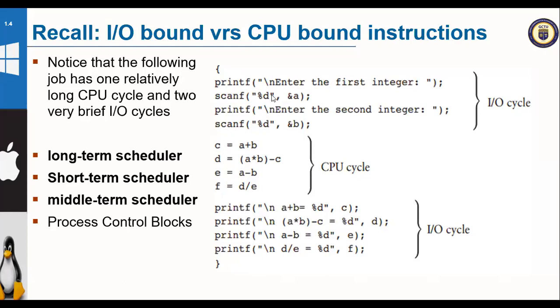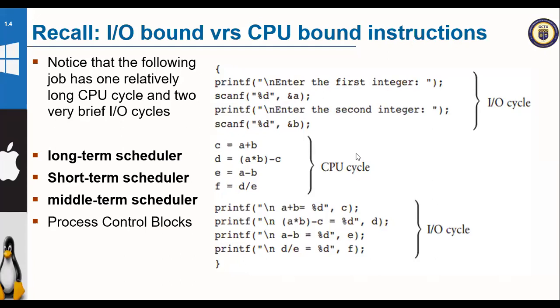So these are what we mean when we say input-output operation. These are just examples, okay? Then if you look at the third session also, it is an IO cycle, further printf statement. These are statements that are displaying stuff on the screen.